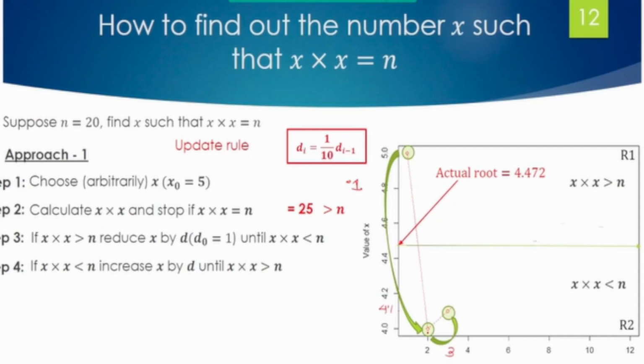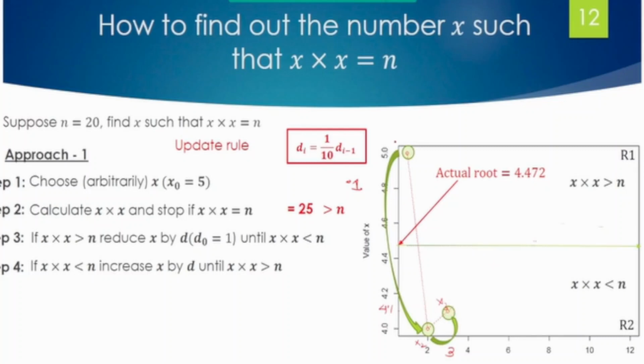Right now we are still in the same zone. x2 is this and this one is x3. We are still in the same zone, so we can use the same d at the time of increasing these values. But whenever we change the zone and need to shift the movement, we need to update the d by this formula. So I will use the same d.